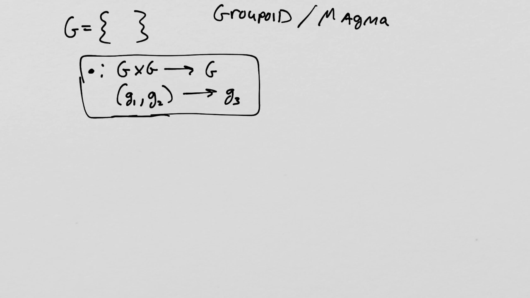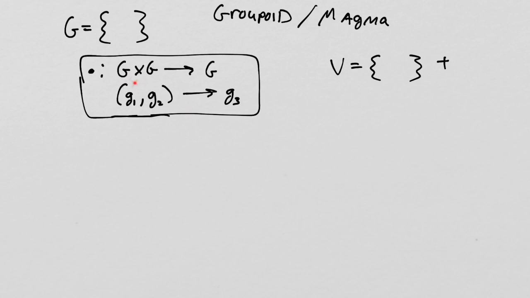So to give an example of a groupoid is actually pretty tough because, for example, a vector space is certainly a groupoid, right? Because we know a vector space has addition, and that addition certainly satisfies this rule. But a vector space is so much more than a groupoid. So it's always nice to find examples of these algebraic structures that are no more complicated than they absolutely need to be.